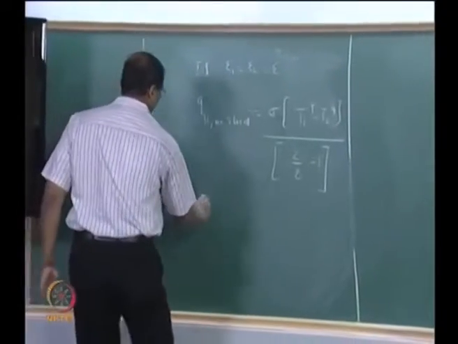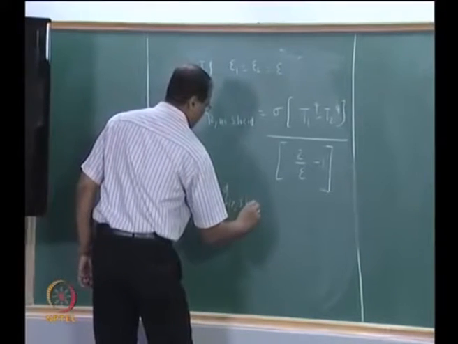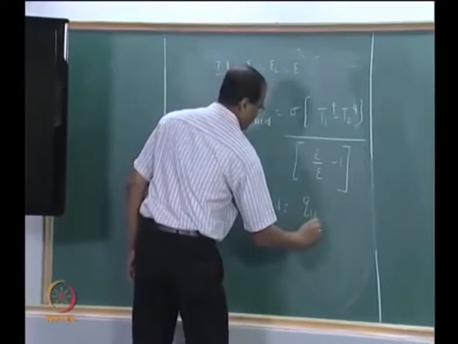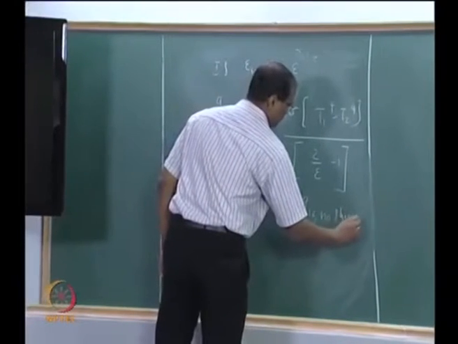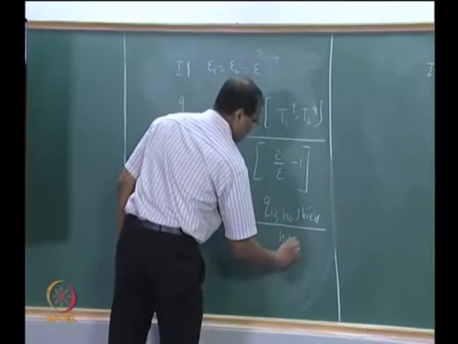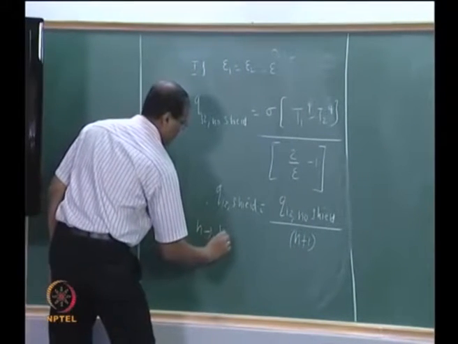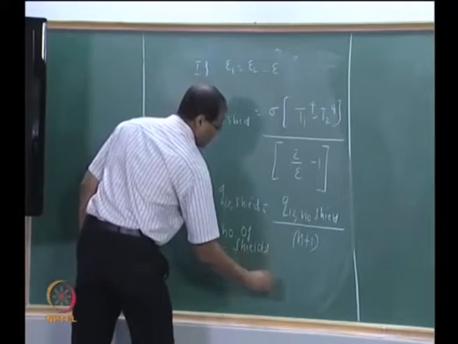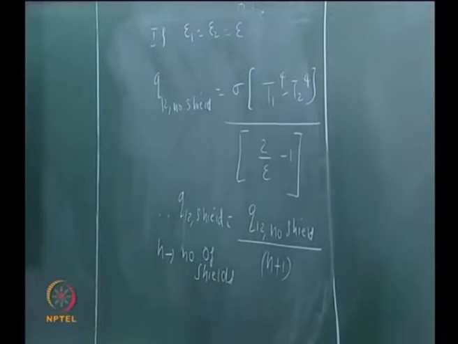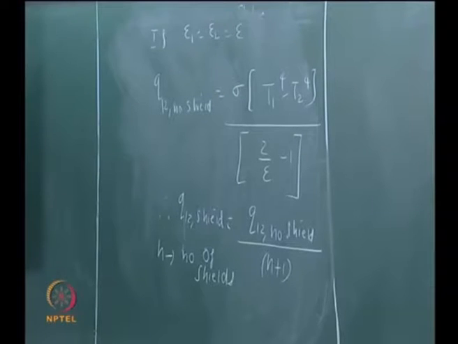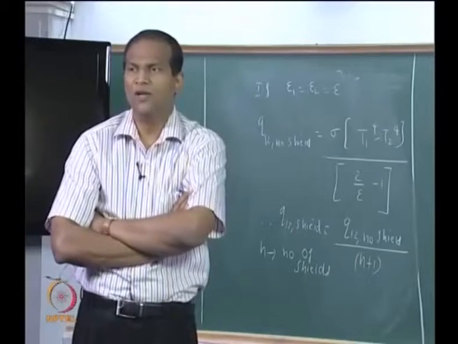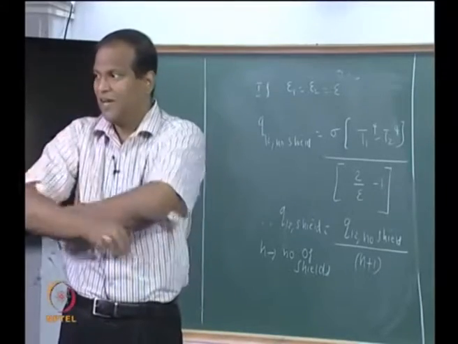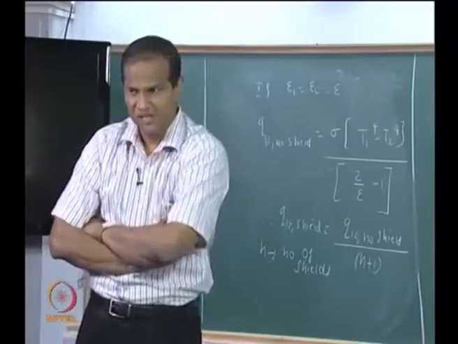Therefore, it is possible to insulate some surface radiatively by employing n number of shields, right.